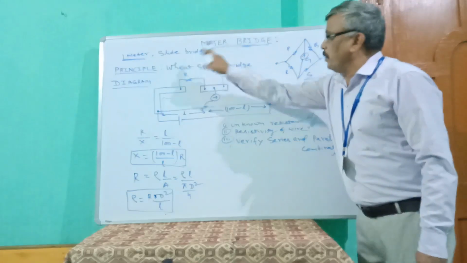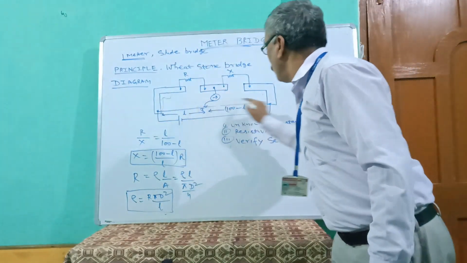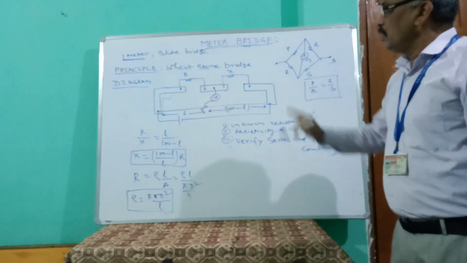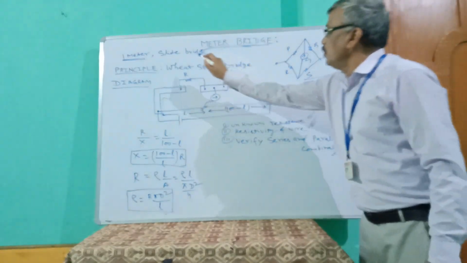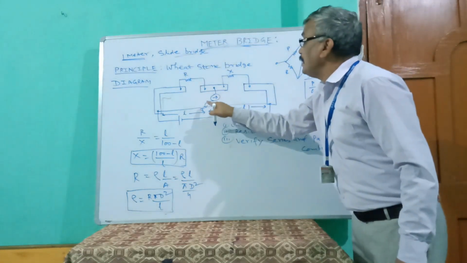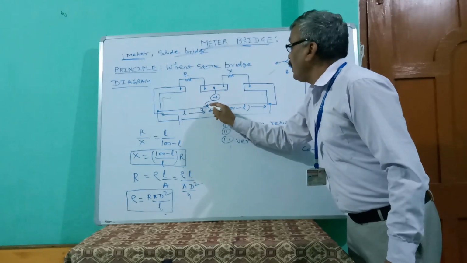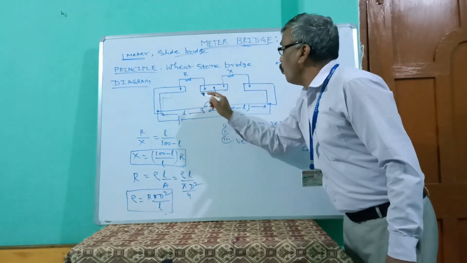It is called meter bridge because its length is 1 meter. It is also called slide bridge because the balance condition is obtained by sliding the jockey on the wire.